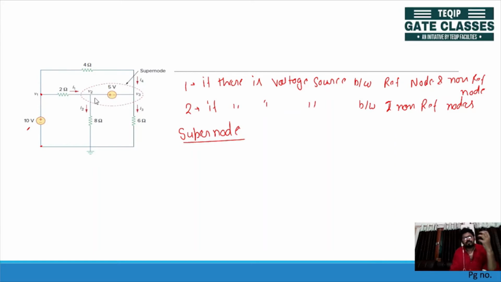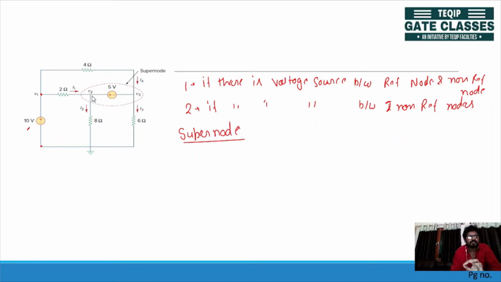So you have to follow the same steps. First step is to assign the voltage to the non-reference nodes. Second, assign currents in each branch, like in this circuit we have assigned some current in each branch. Then third, combine these two nodes where there is a voltage source between them.